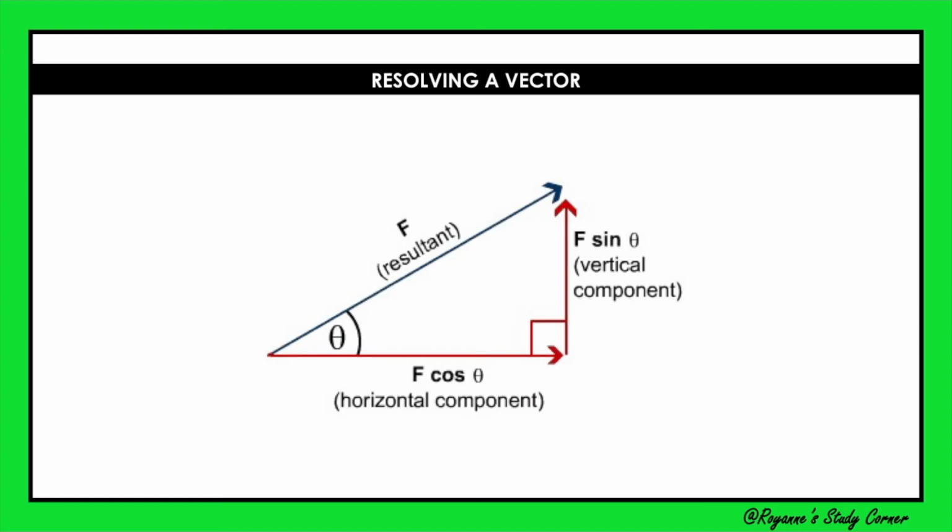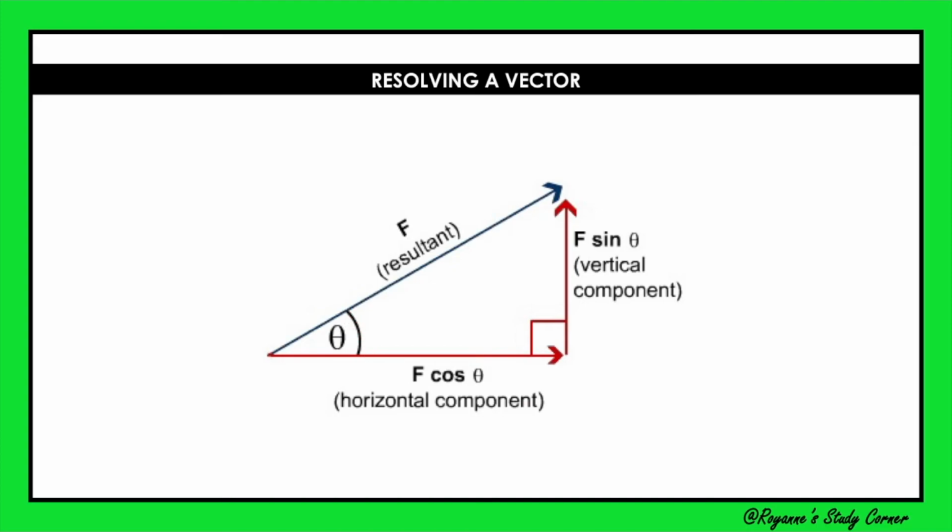So to calculate the horizontal component or the horizontal vector that we would have had initially, we take the magnitude of the resultant. In this case here we're using F, multiply that by cosine theta, theta being the angle from the horizontal.